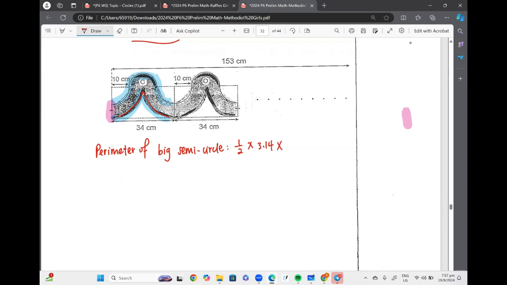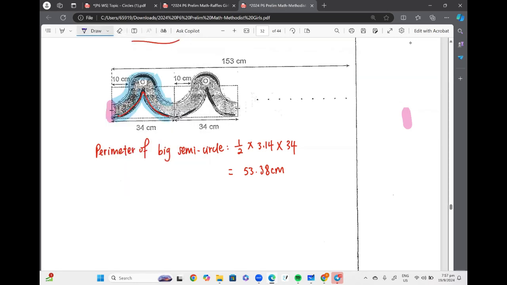What's the diameter? 17 plus 17. Agree or disagree? Which is 34. Okay, half times 3.14 times 34. And I'll get to an answer of 53.38 cm. This is for the red part, okay?